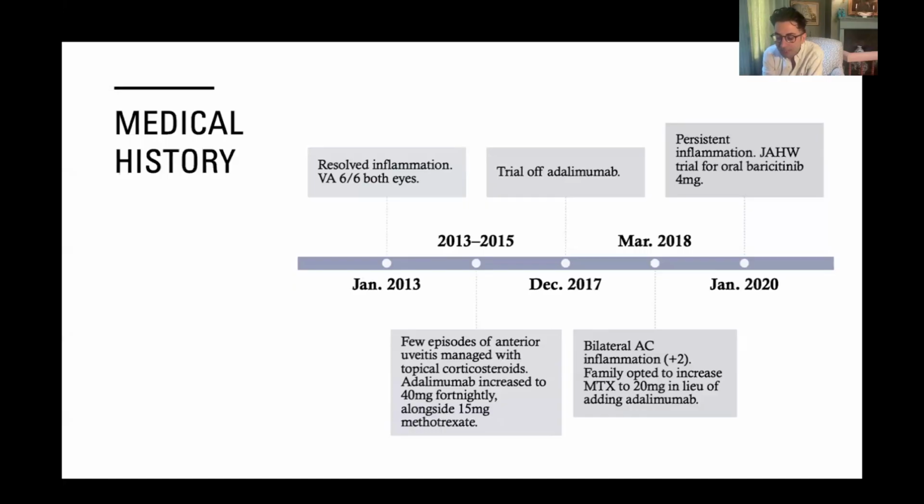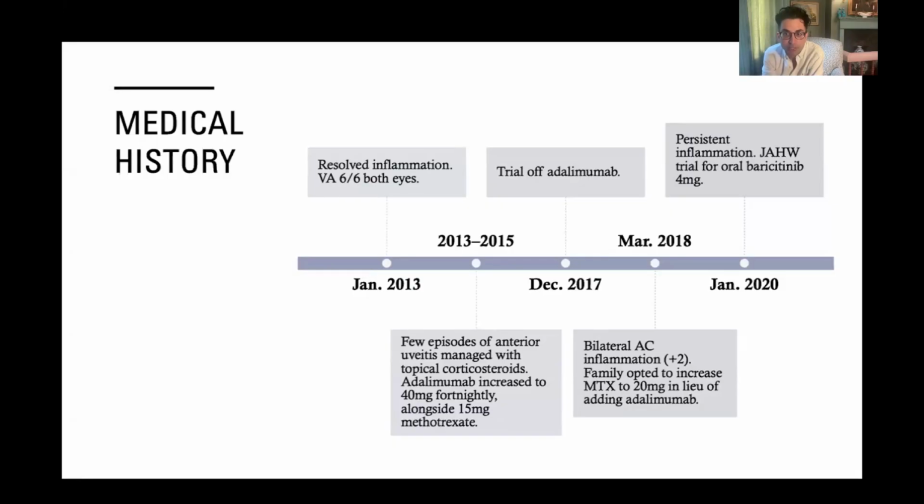At this point, there was a discussion had with the family about what they would prefer. The obvious option may have been to restart the adalimumab, but they wanted to stay off it. And so they opted to increase the methotrexate to 20 milligrams at the time. A few years down the line, 2020 now, he had persistent inflammation.